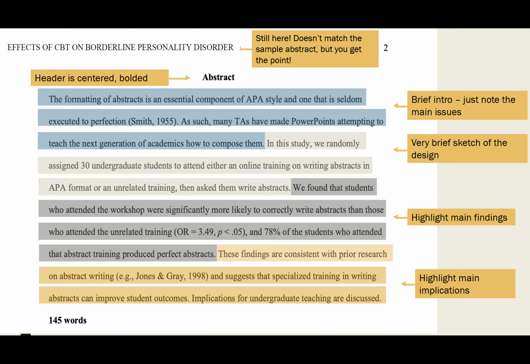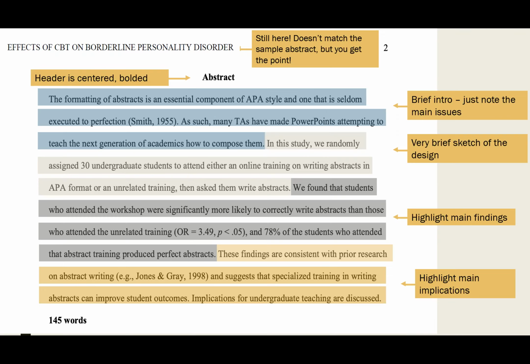And one thing I would note for this abstract, generally, you don't want to write sentences like "implications for undergraduate teaching are discussed." That's only saying what you're going to do at the end of the paper and not what those implications actually are. So I would challenge the writer of this abstract to instead try and summarize what those implications for undergraduate teaching are.